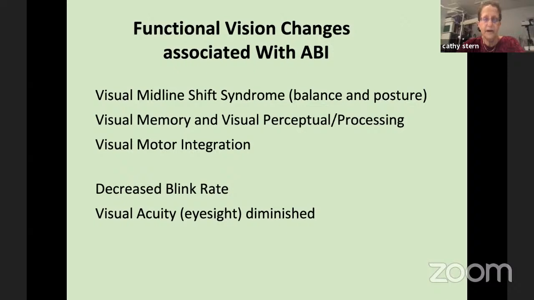And then a lot of patients have difficulty with visual memory, and often with higher level visual processing, and often also visual motor integration. And they can have a decreased blink rate, especially if they've been in a coma for any period of time. And obviously, sometimes they do have visual acuity issues as well.